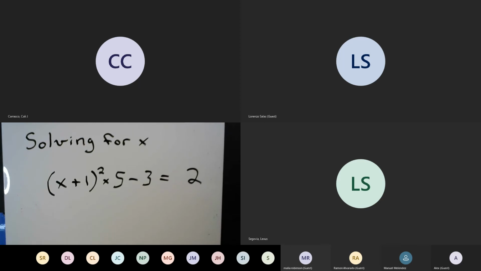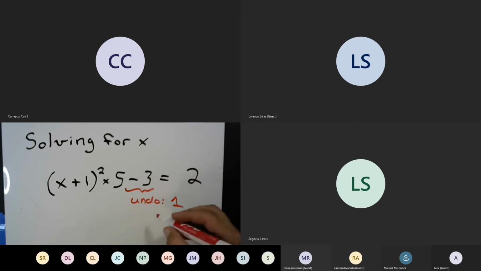That would make this an equation. Well, when we're solving for x, we undo the subtraction first. So that's the first thing we'll undo.